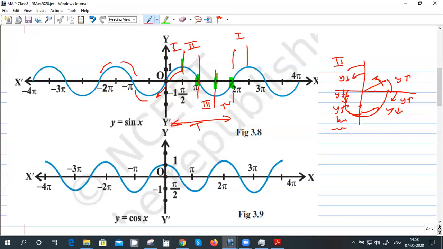Similarly, cos you can figure out. Start from 0. As you move like this, x is what? Increasing or decreasing? It decreases. So cos will decrease. And at 0, what is cos?